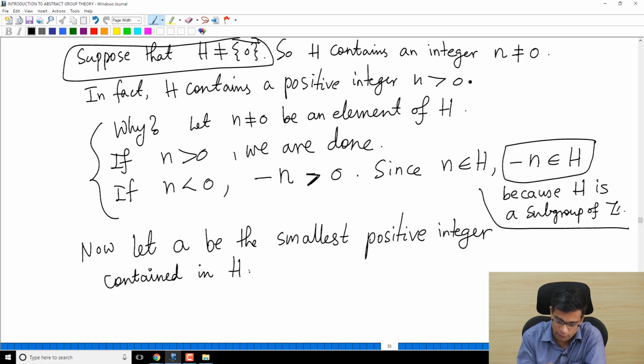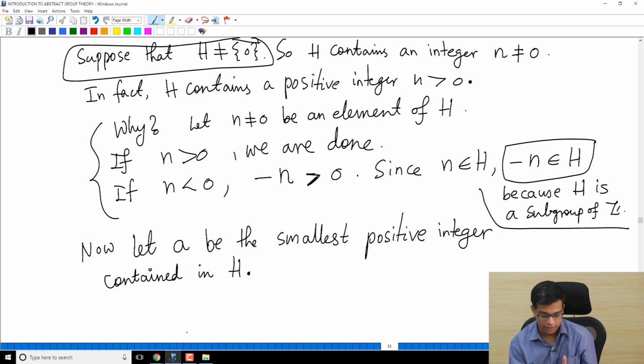So, I have first said H contains a positive integer. Now, I am going to take the smallest positive integer contained in H. Remember that H contains perhaps lots of positive integers, but there will always be a smallest positive integer, because any set of positive integers has a smallest element. So, if you take the set of positive integers in H, it will contain a smallest element. So, I take a to be the smallest positive integer in H.